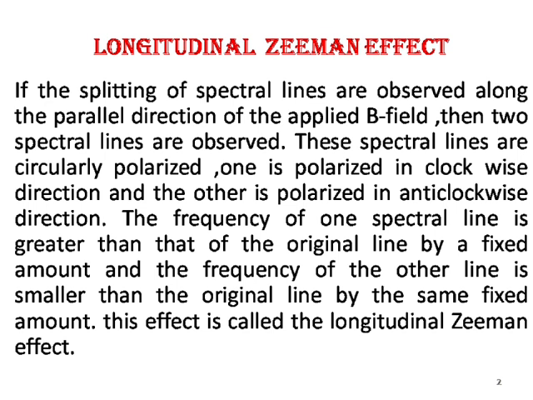The frequency of one spectral line is greater than that of the original line by a fixed amount, and the frequency of the other line is smaller than the original line by the same fixed amount. This effect is called the longitudinal Zeeman effect.